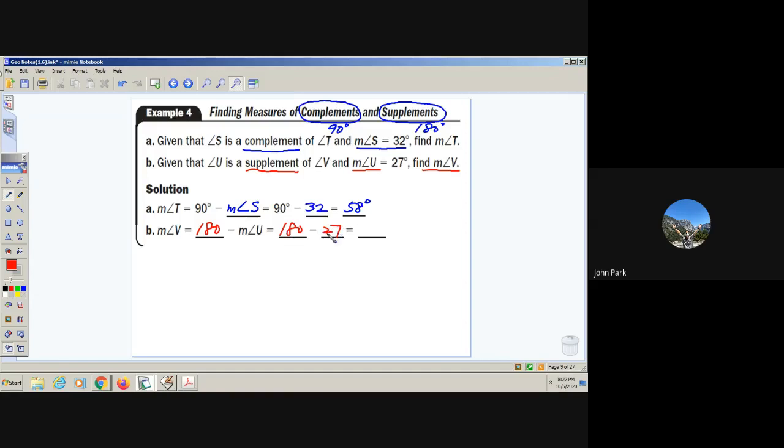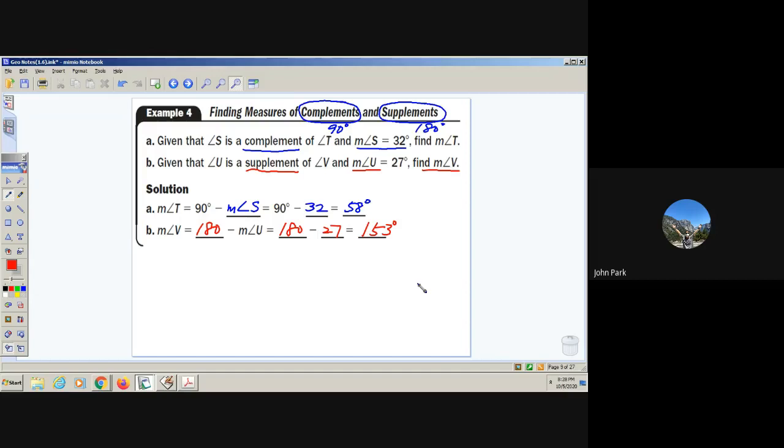So it's 180 minus 27, which is 153. That's 153 degrees plus 27, which adds up to 180 degrees, right? So that's what we call supplement or supplementary angles.